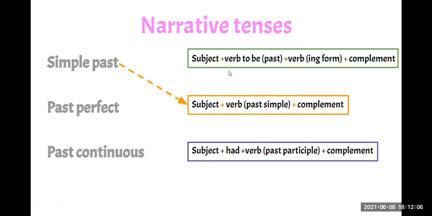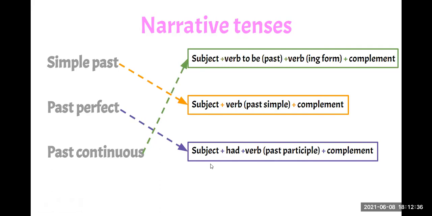We always need a verb to be for the past continuous, in the past, and a verb with the ing form. Very good. And for the past perfect, don't forget that we use the auxiliary verb had and the verb in the past participle. So these are the structures that we are going to use in this lesson.